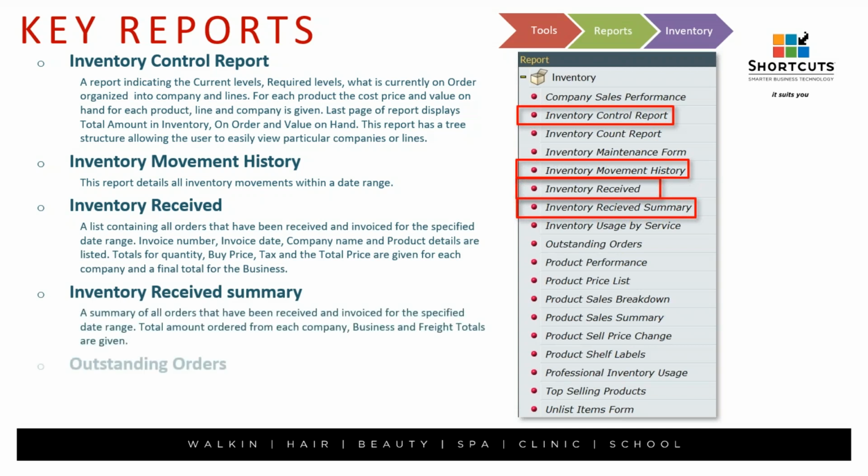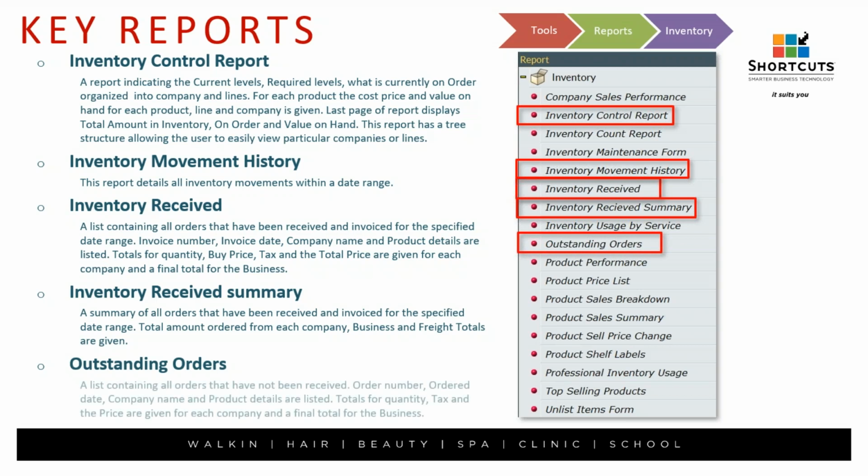Your received inventory. So are the items that you're receiving making it to the shelf or making it to retail? Your inventory received summary. So just for a specific date range, what were the totals ordered for each company? What were your business totals, your freight totals? And of course, outstanding orders.